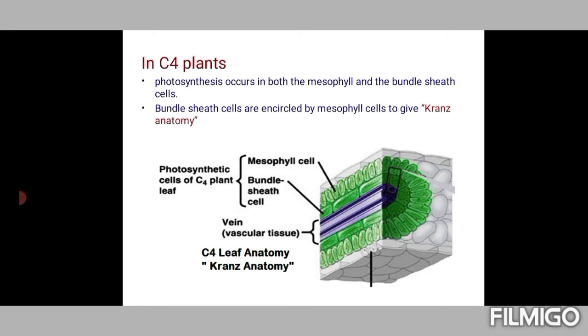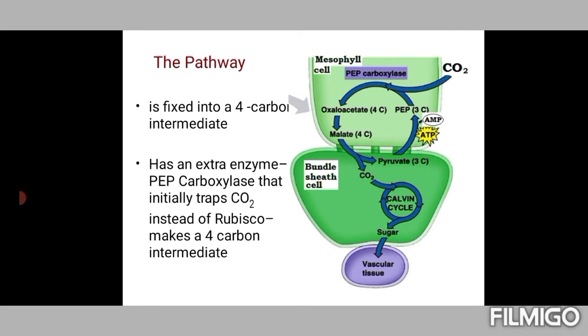In C4 plants, the carbon dioxide is received by phosphoenolpyruvate, PEP, in the mesophyll cell, which is a 3-carbon compound, and it gets converted to oxaloacetate, which is a 4-carbon compound.